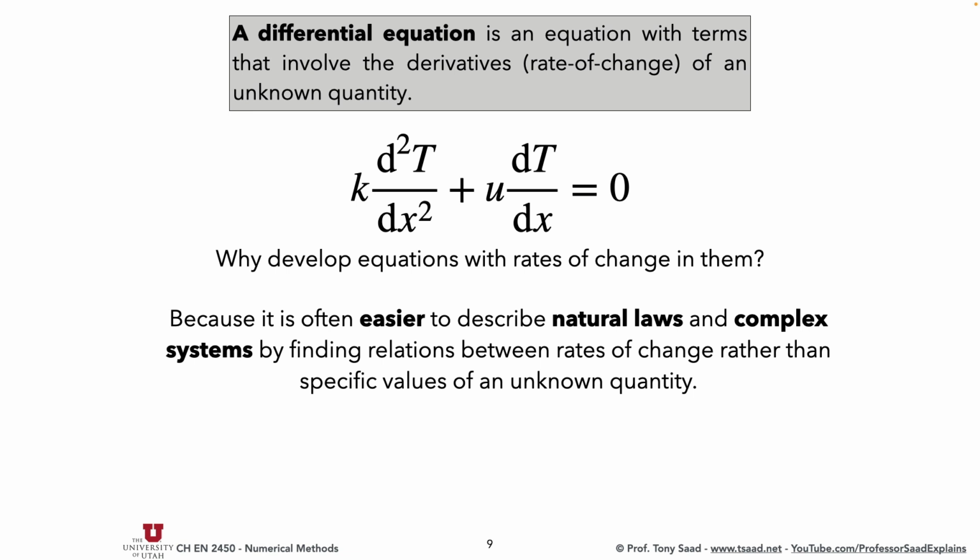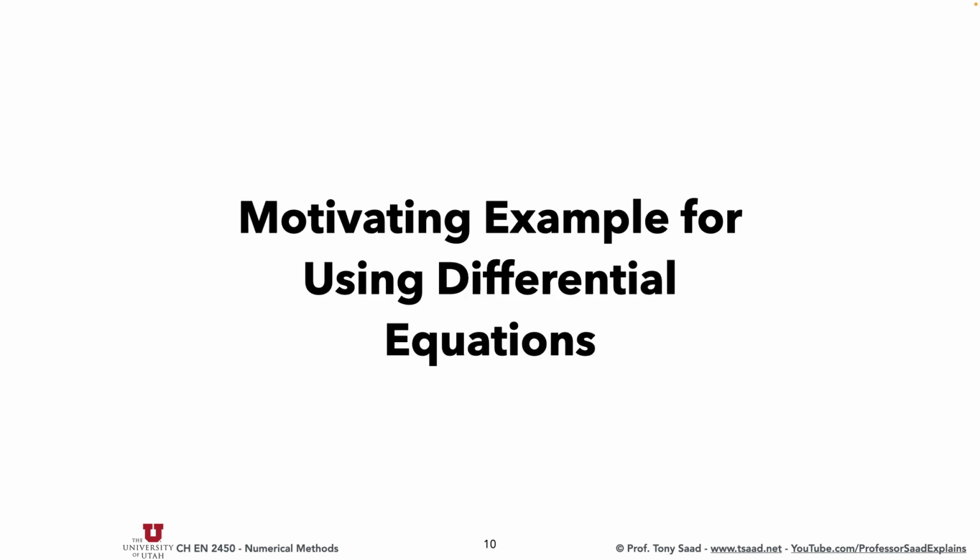It is easier to describe the rate of change of heat in a wall rather than the temperature itself, because we don't know where to start with that temperature. I'll give you an example of why this is the case. This is a motivating example for studying differential equations.